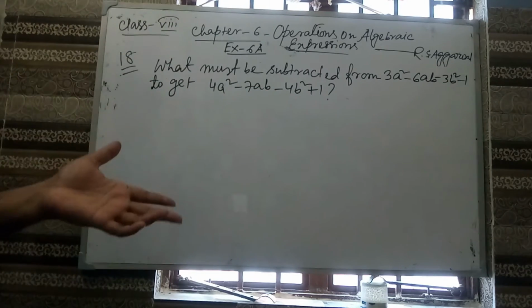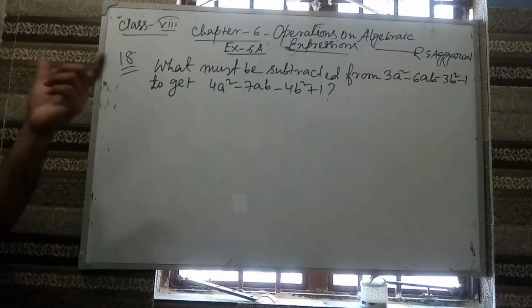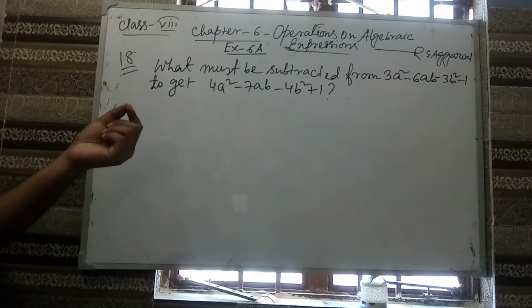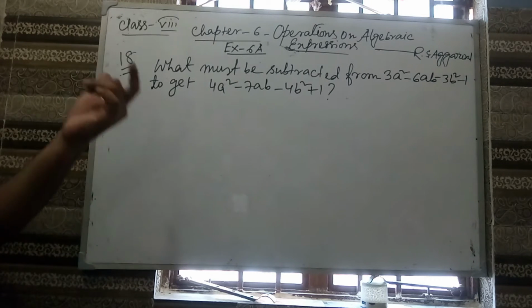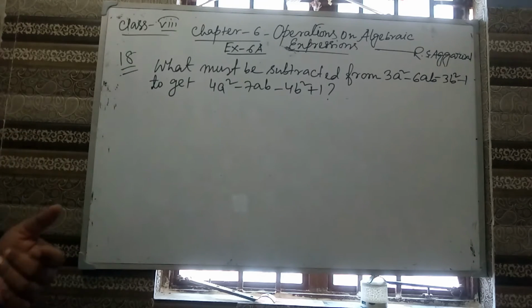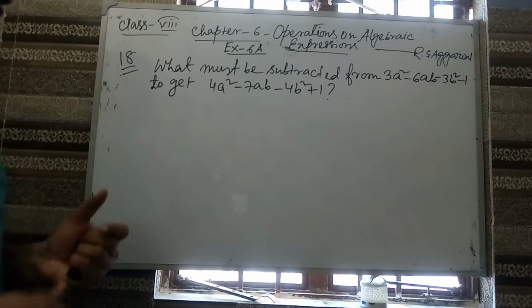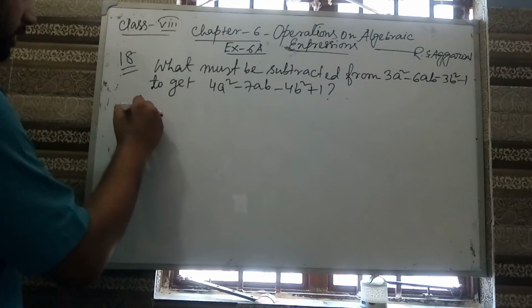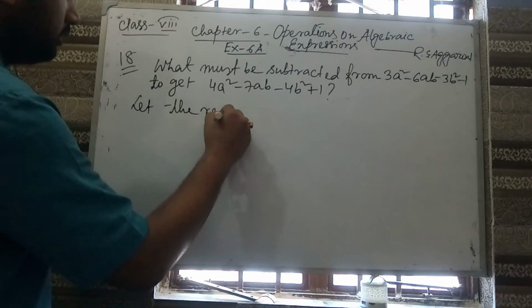You can do it directly, but I will suggest you try to solve this type of sum this way. Whenever it is given what must be subtracted or what must be added, try to take x if x is not present in the given expressions. If x is present there, then try to take y or z or anything else other than x.